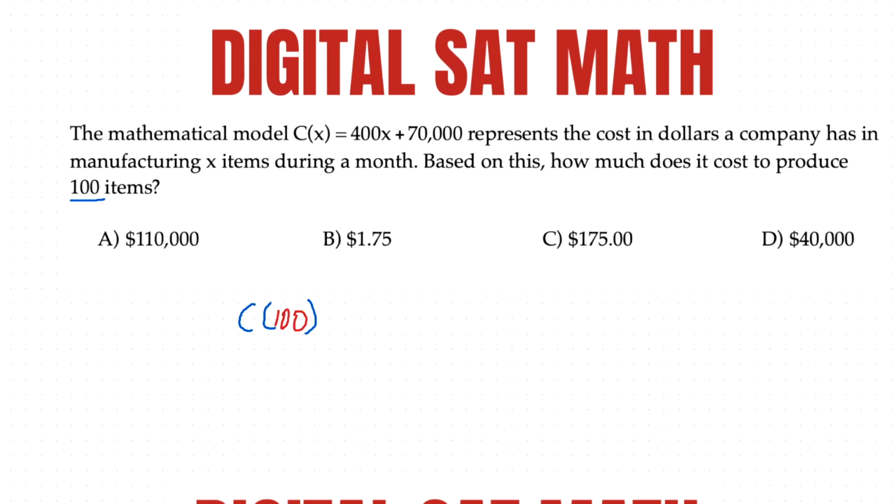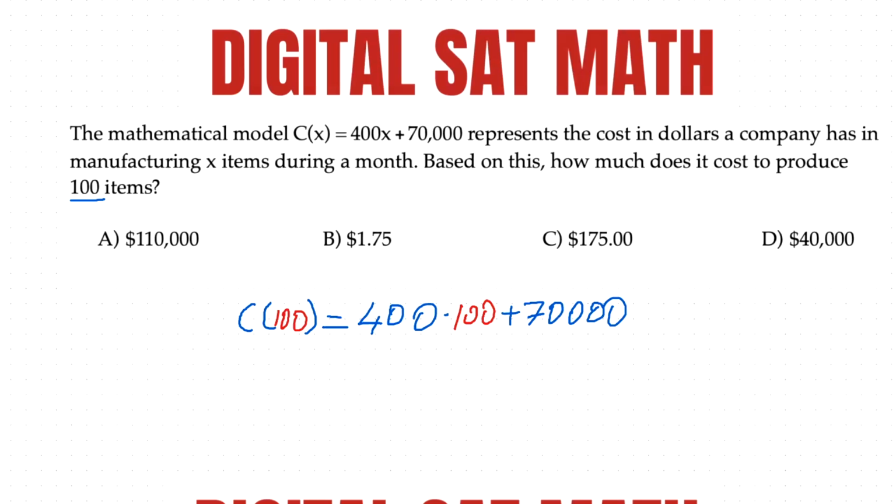We're looking for f of 100: 400 times, instead of x, what do I put again? I will put 100, plus I have 70,000. You can use your calculator during the exam.